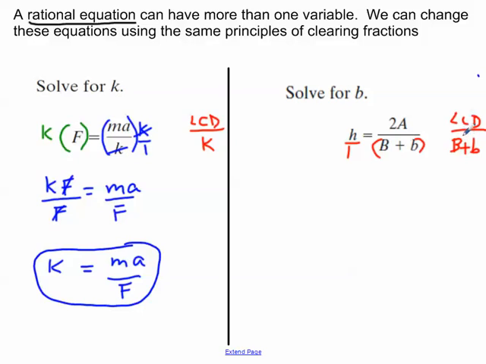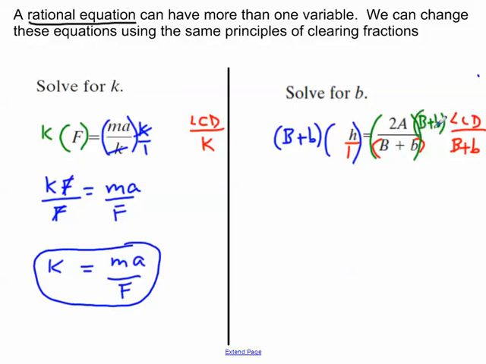So there's our lowest common denominator, and if we multiply through by it, then we can more easily work with what we've got. I'm going to multiply my term on the left by big B plus little b. I'm going to multiply my term on the right, this is a term in green parentheses, by big B plus little b.